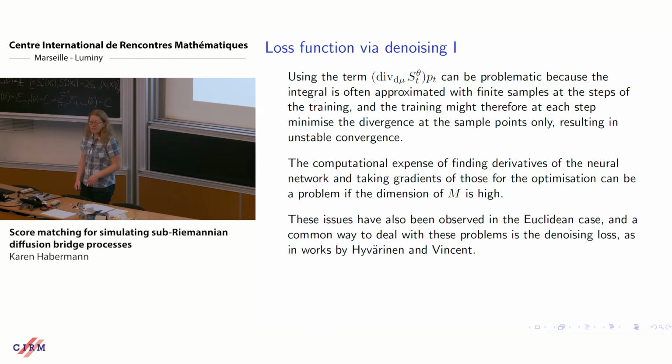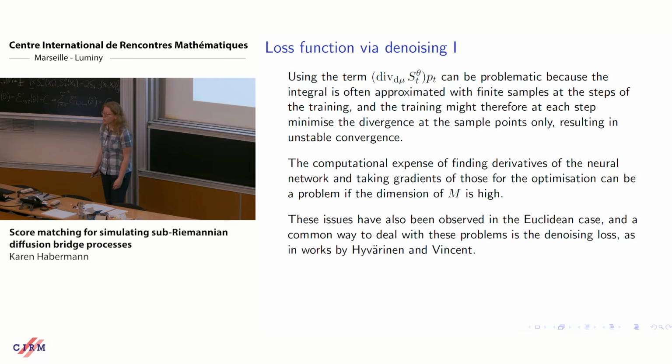But exactly the same problems have occurred in the Euclidean setting. So this isn't a problem which is only there because we work in the sub-Riemannian case. It's already been there. So the nice thing is people have already thought about it. There's a so-called approach by denoising loss, with original works by Hyvärinen and Vincent.